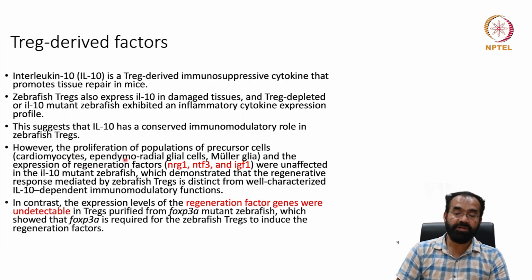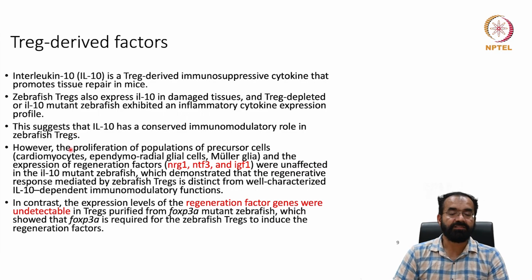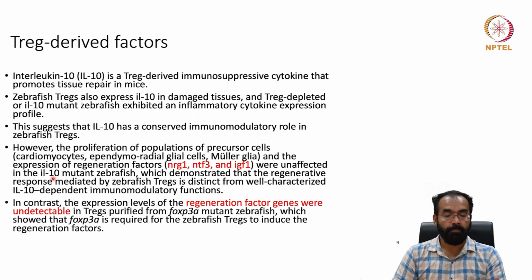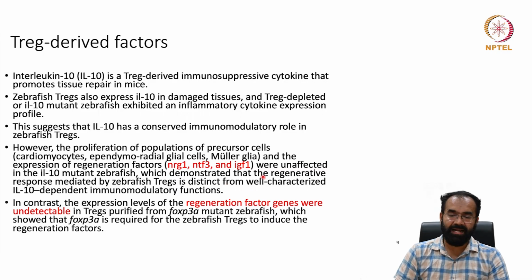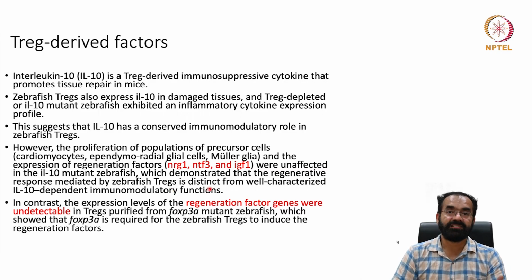However, the proliferation of populations of precursor cells such as cardiomyocytes, ependymoradial glial cells, Muller glia, etc., and the expression of regeneration-specific factors such as NRG1, NT3 and IGF1, were unaffected in the IL-10 mutant zebrafish. So, which is facilitated and favored by the Tregs, but it demonstrated that the regenerative response mediated by zebrafish Tregs is distinct from the well-characterized IL-10 dependent immunomodulatory functions.